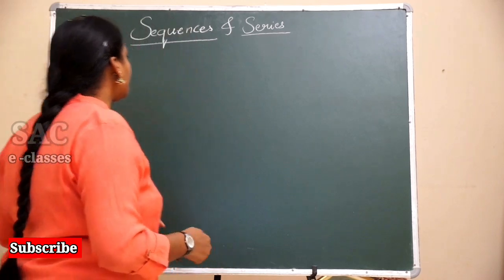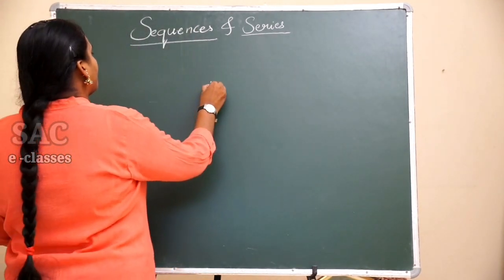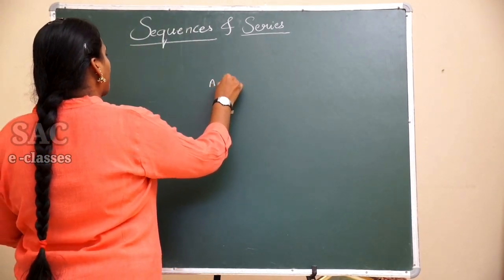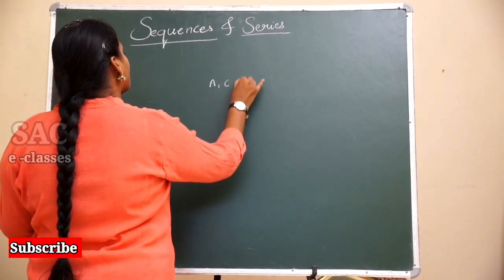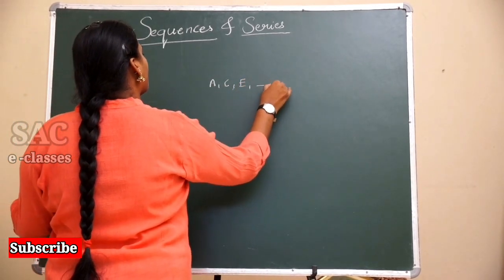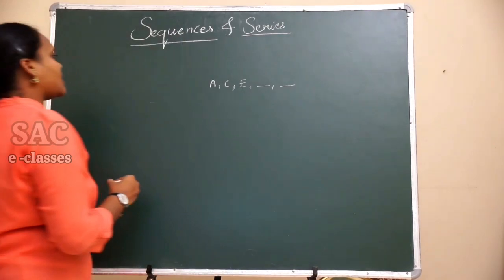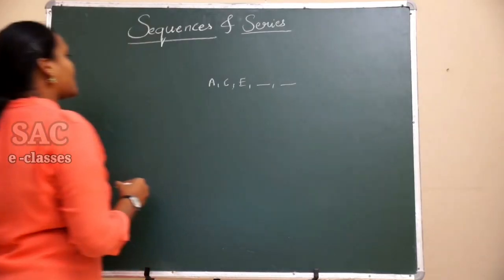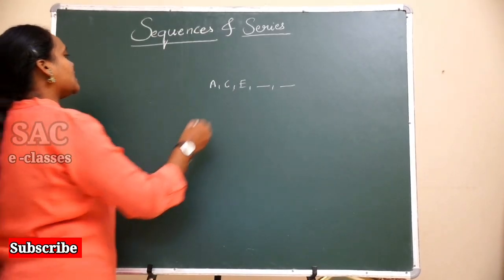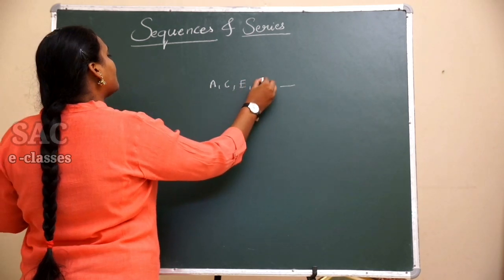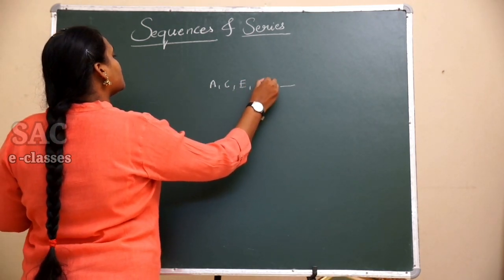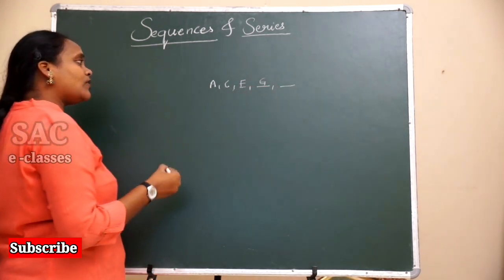For example, I have taken the letters A, comma, C, comma, E. I hope you can guess it. What is the next letter you may get? Obviously, here you will get F. No, it's a G you will get. Later, what will you get?